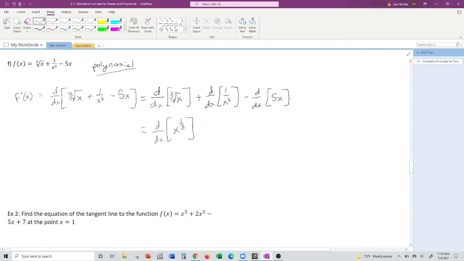Next, we have the derivative with respect to x of 1 over x squared. Again, we want to use the power rule, so we're going to make this x to the negative 2. We're just rewriting it. We're not changing the value whatsoever. And then we can use our constant multiple rule to say that this is the same thing as 5 times the derivative of x.